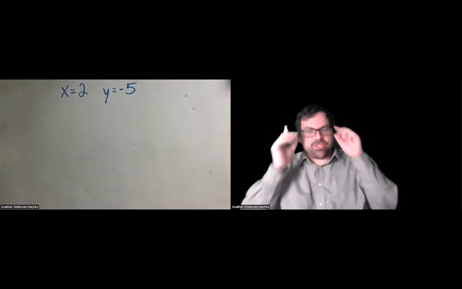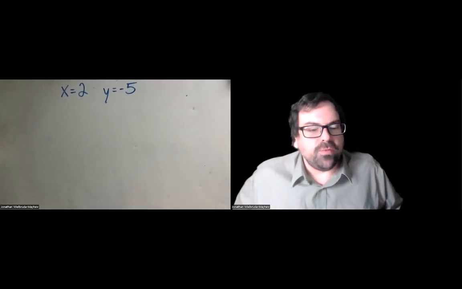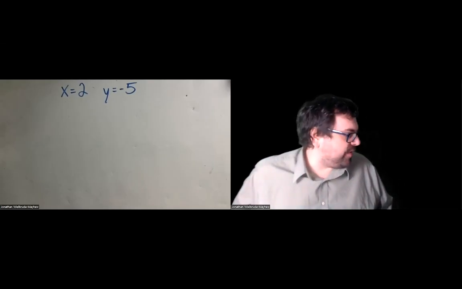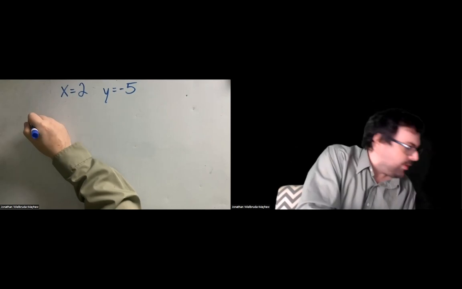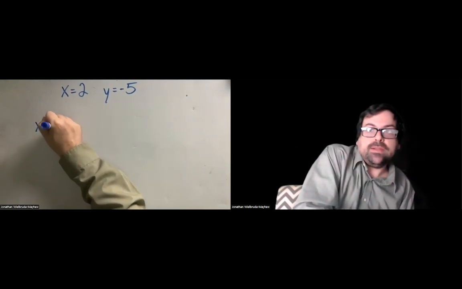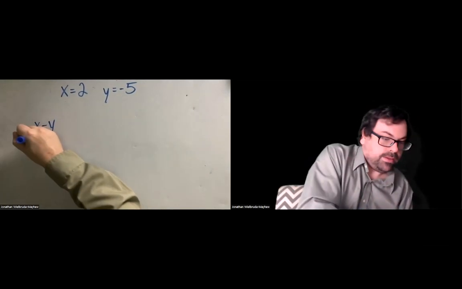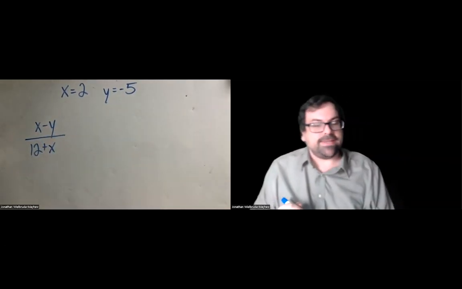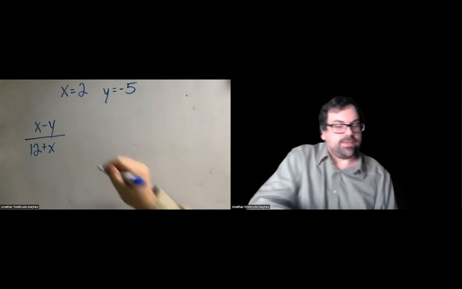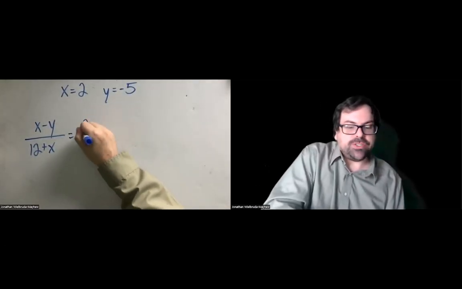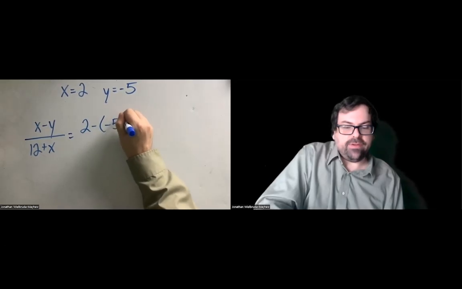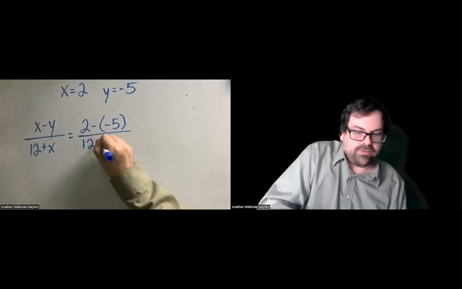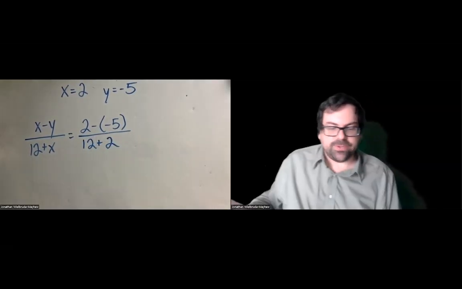Keep this skill fresh. So if we establish that x equals 2 and y equals -5, let's evaluate x minus y over 12 plus x. On top, x minus y, 2 minus -5. On the bottom, 12 plus x is 12 plus 2.